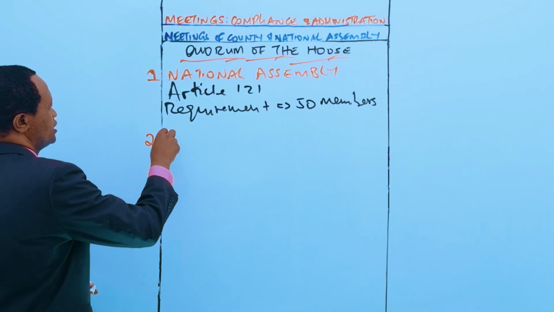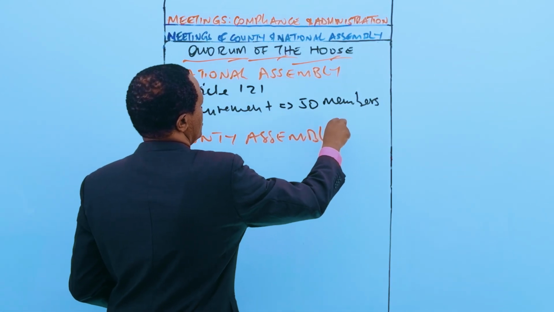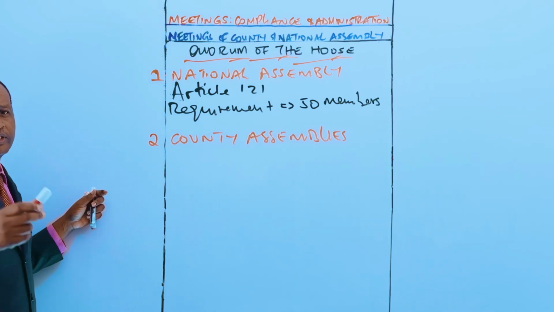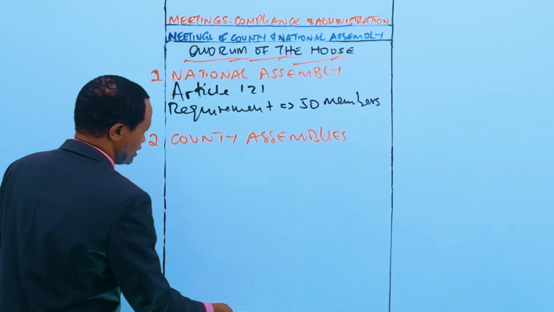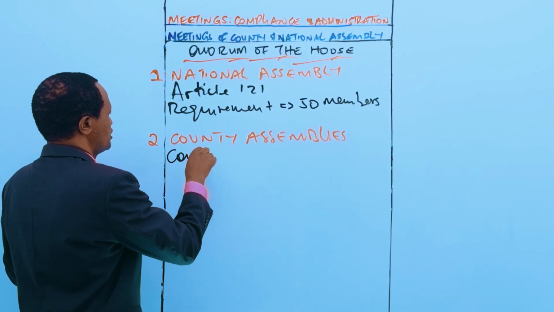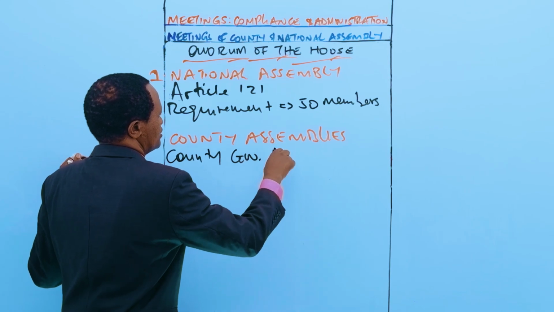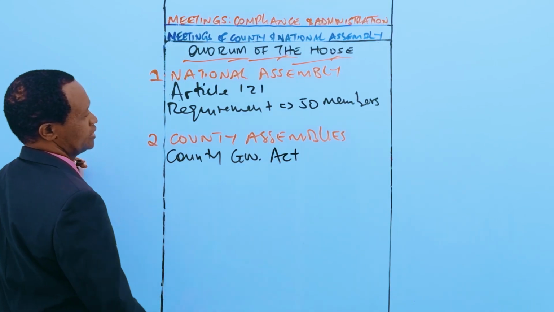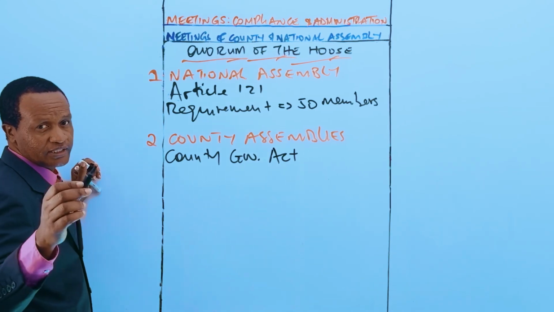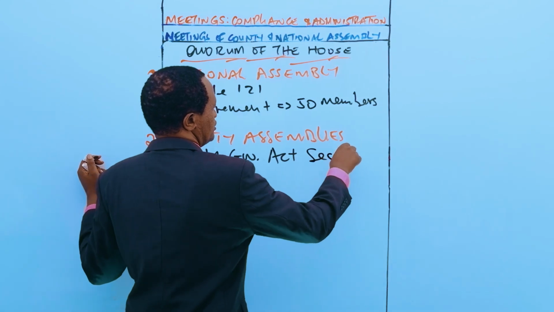Then for the county assemblies, how about the county assemblies? Now the quorum for county assemblies is regulated under the County Government Act, specifically Section 19.